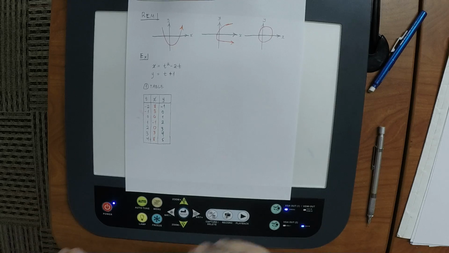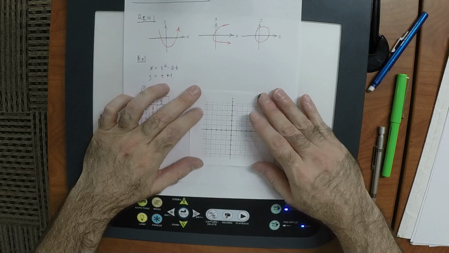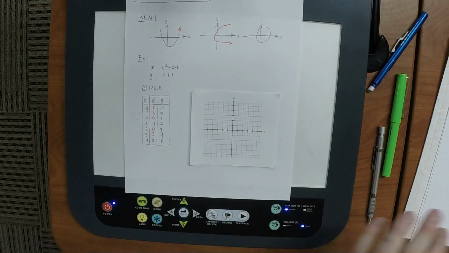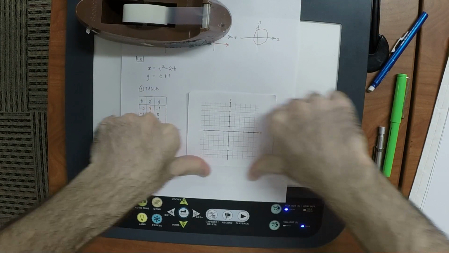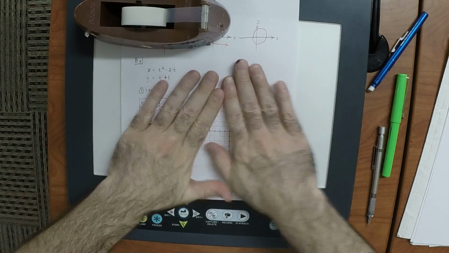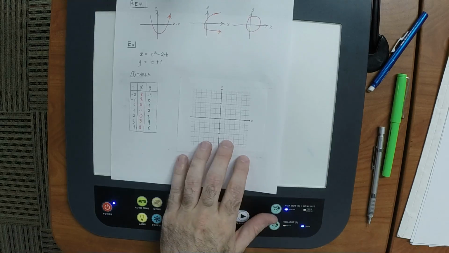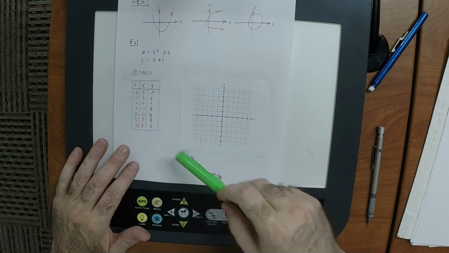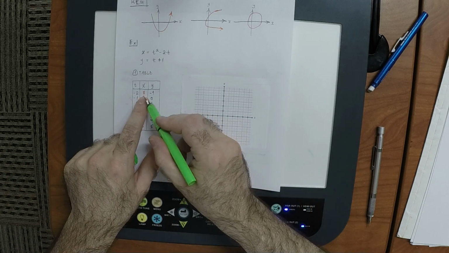All right. So now I'm going to plot those points. I'm only going to plot the x and y values, but I'm going to write the t value where I do it. So I've got a point 8, negative 1.